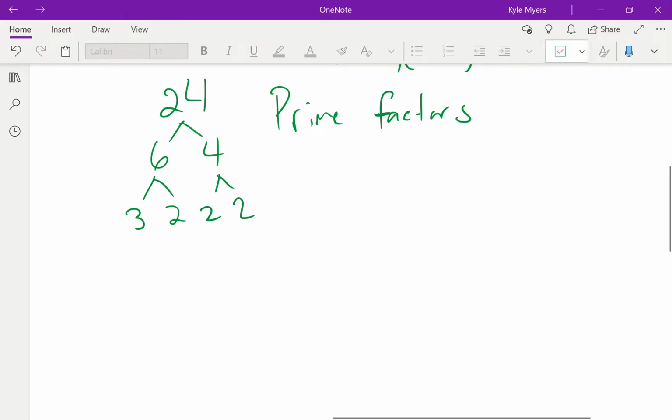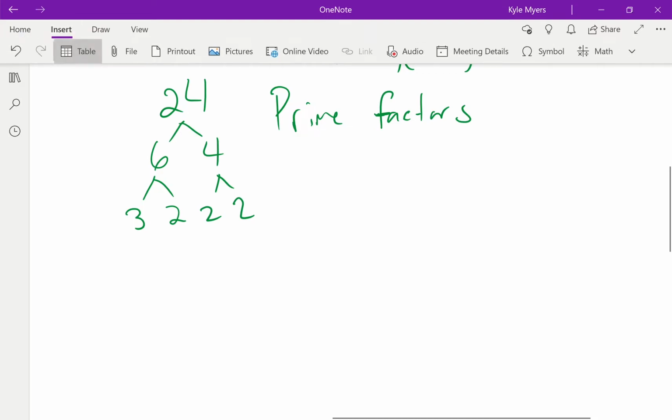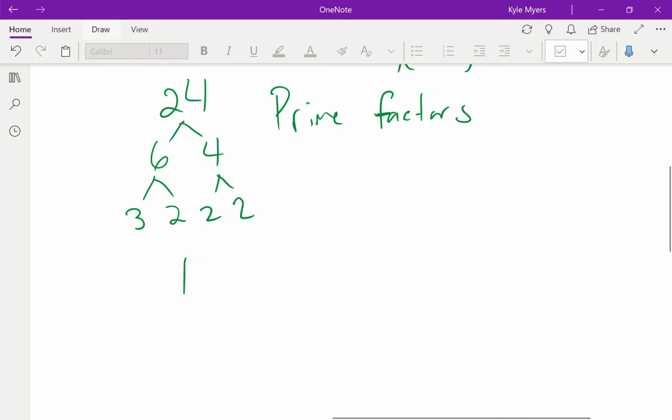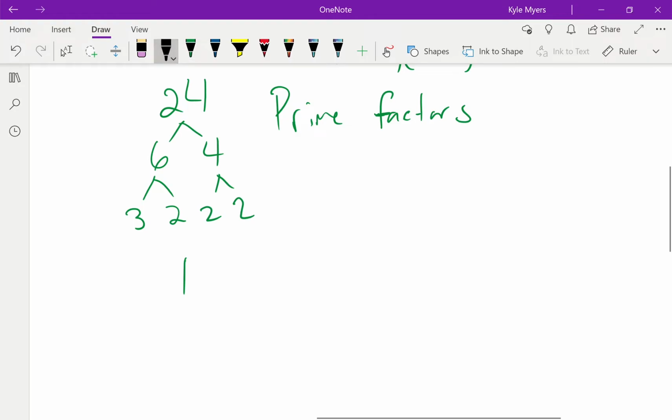So let me insert a text box, and I'll just write it in here. Let me change my pen here. Here we go. Try to get it to work here.